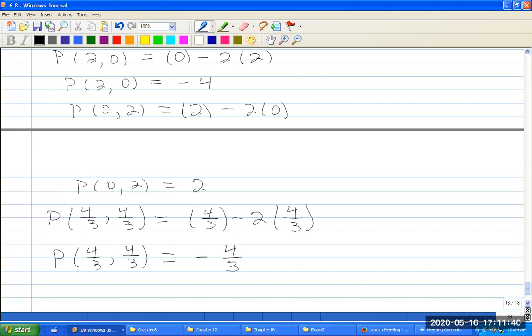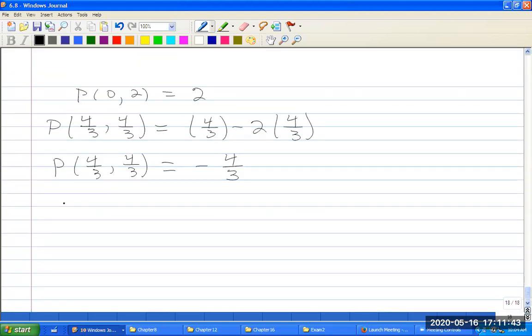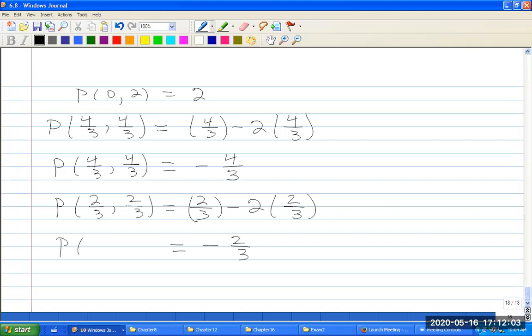And lastly, let's look at 2/3. So the value of my objective function at 2/3 is y minus 2x. And so 2/3 minus 4/3 is a negative 2/3. Okay, so in this case, we wanted to minimize this. And so the minimum is negative 4/3.